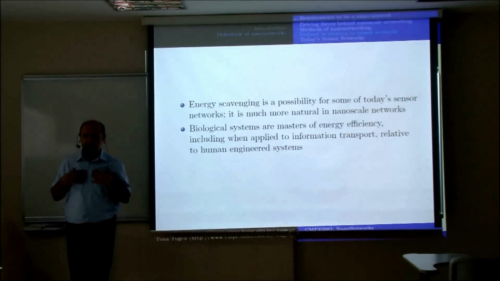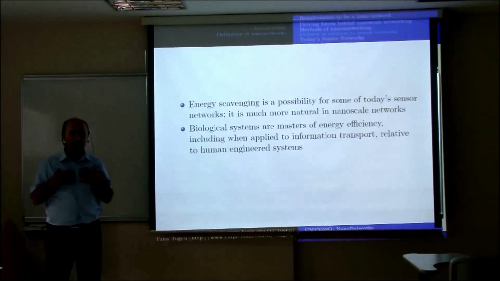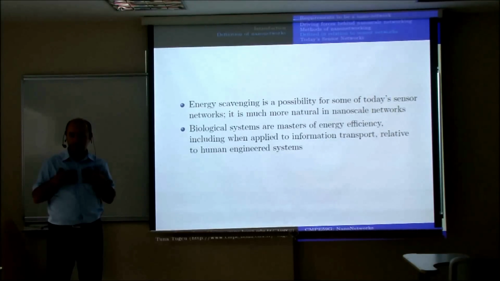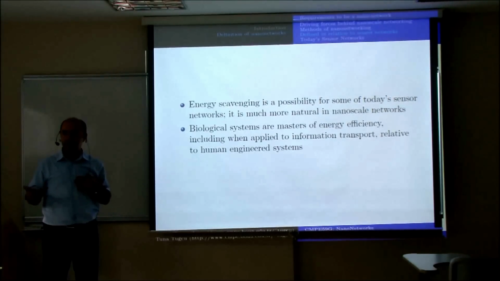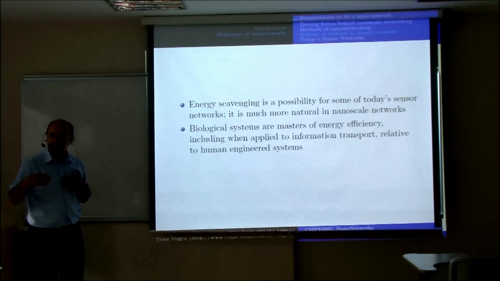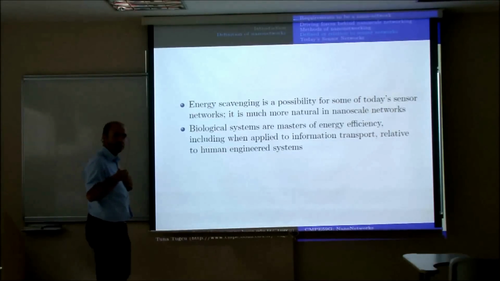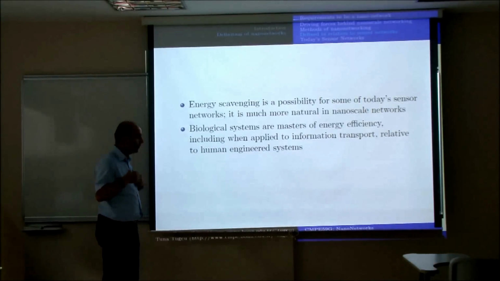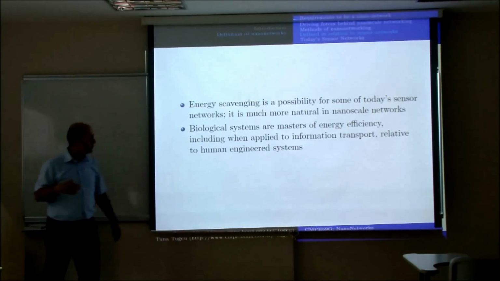Actually, the cells in your body are getting the energy from the environment. Not, of course, from the air, but from the blood flow in your body. So if you can insert an engineered cell into this environment that can also get the energy, do energy scavenging in the same manner. Okay? So you can benefit from that.